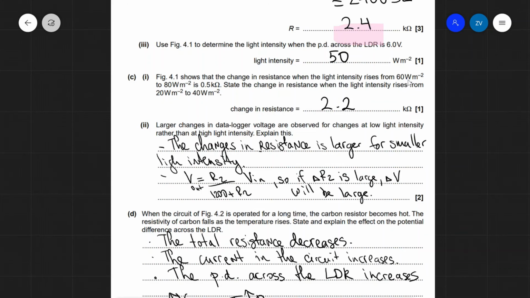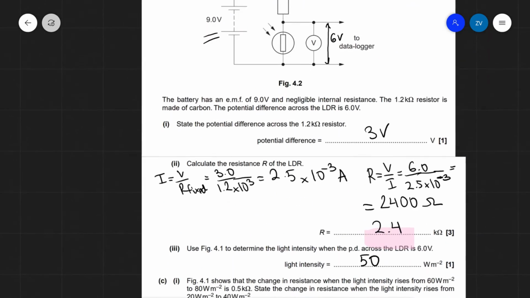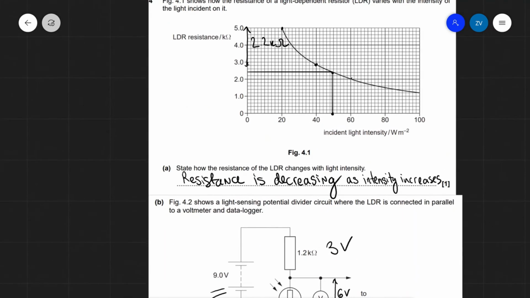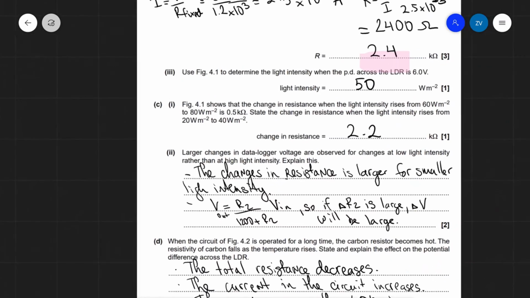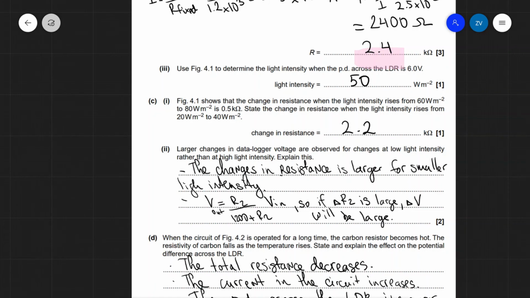Here we know that when we go from 60 to 80, the difference is about half a kilo ohm, whereas if we go from 20 to 40, we found out it was 2.2. We know that this is true because this graph here is much steeper here compared to there. The gradient of the tangent of this graph is much larger. So overall, this means that the change in resistance is larger for smaller light intensities.